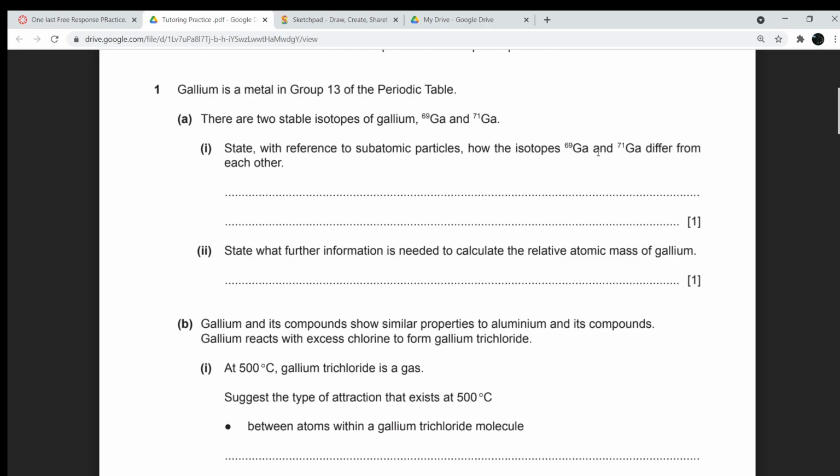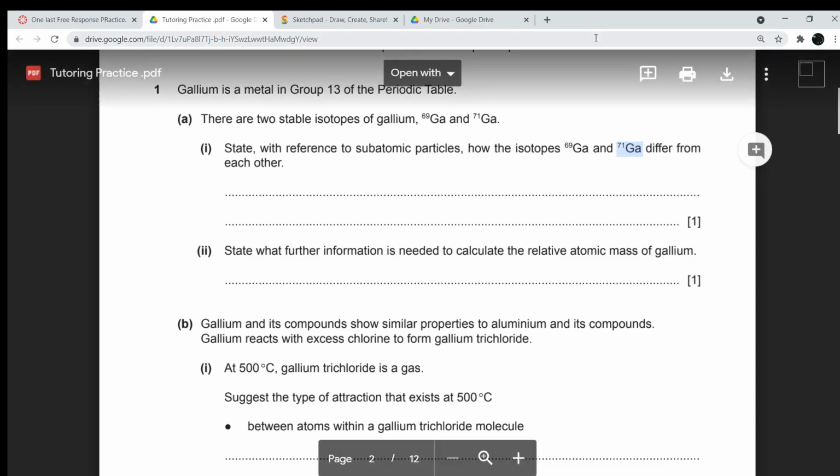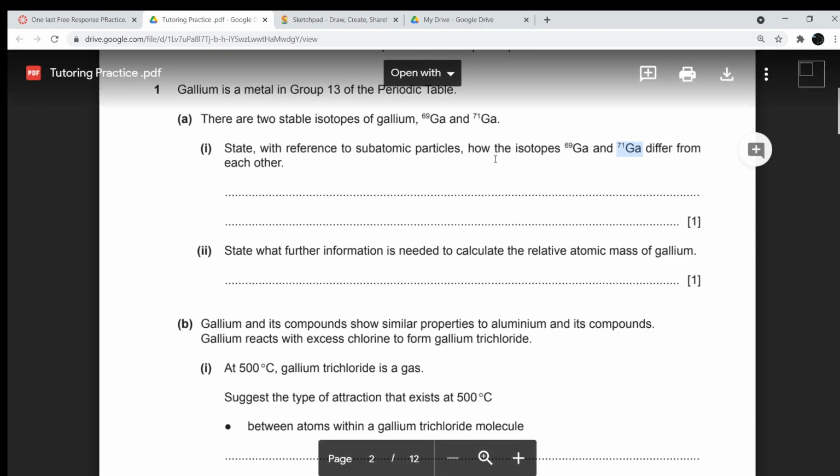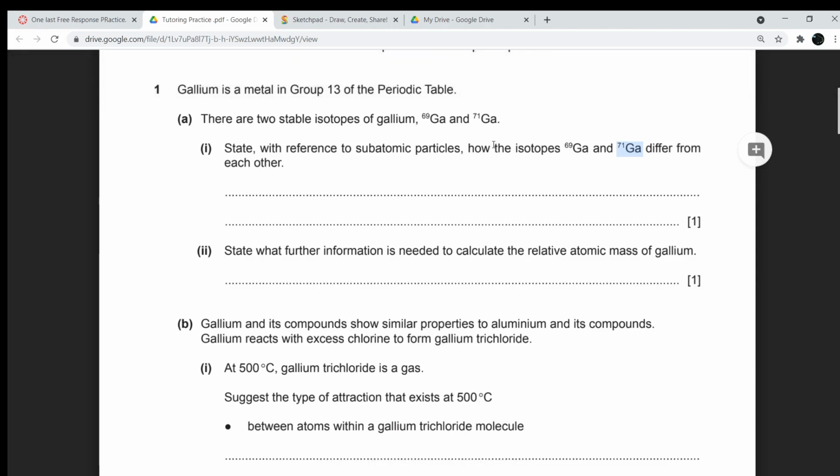Well, this one has fewer neutrons than this one. So I'm going to say gallium-69 has 2 fewer neutrons than gallium-71. That's all I have to put. It has the same number of electrons and the same number of protons, but a different number of neutrons. And bam. Done.